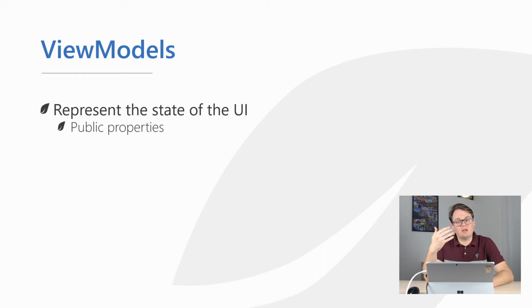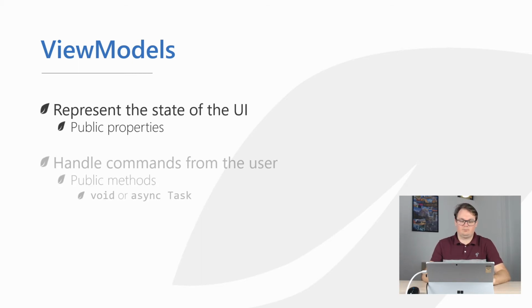So for every piece of information that is dynamic in the page and that somebody, not only the user, even somebody else, can change, everything like that has to be represented in the view model, and it should be public properties. It's important for DotVVM that these properties are public, and they have to be properties, not fields.